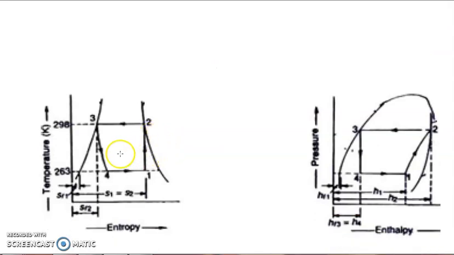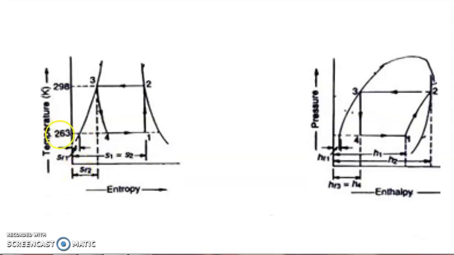In the diagram, you observe the lower temperature limit is 263 and the higher temperature limit is 298 Kelvin. The question says that after compression, the state lies on the dry saturated line.